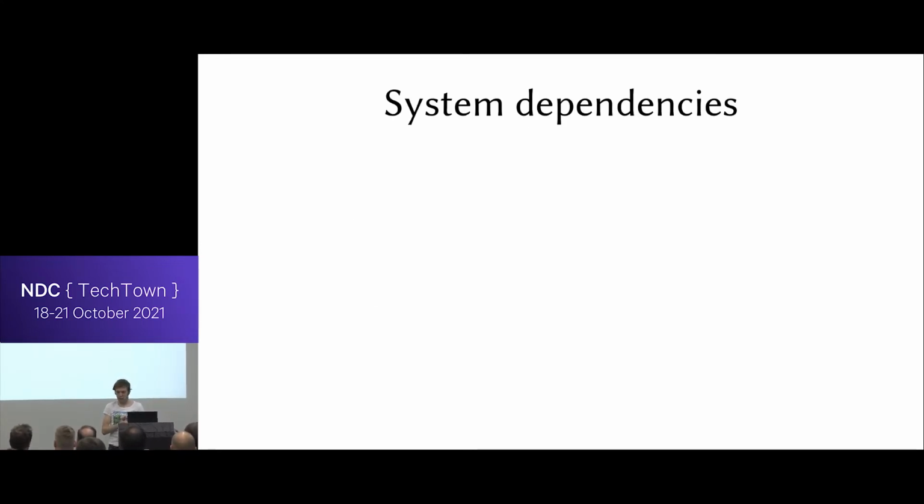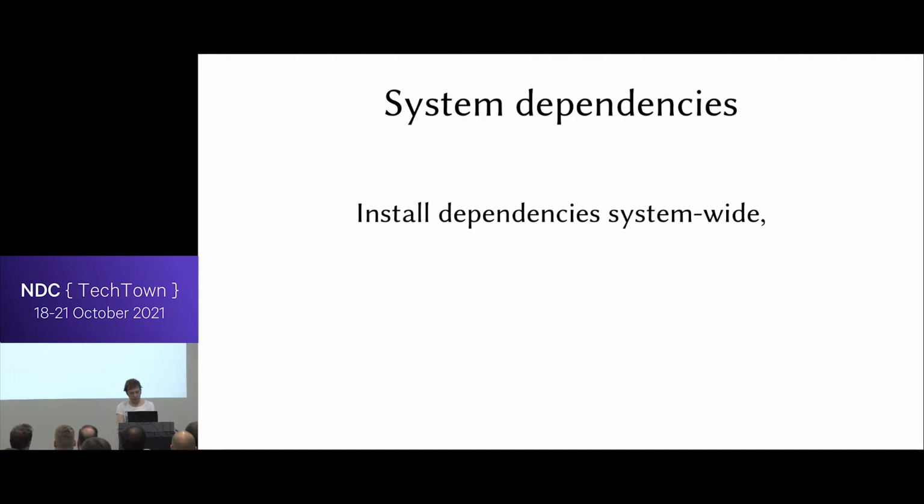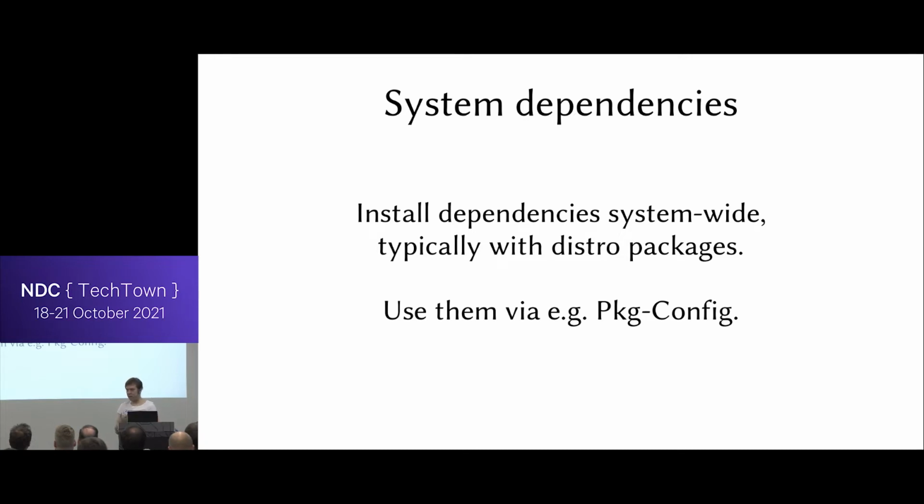So then the next one is system dependencies. This is what you know typically from Linux distributions, where you have your dependencies installed on the system, and then you use them. Package config is the most common way to use this. Some build systems also have their own, like CMake has CMake modules, which you can install, which then tell you, okay, if you try to find a thing from the system, this is how you would do it.